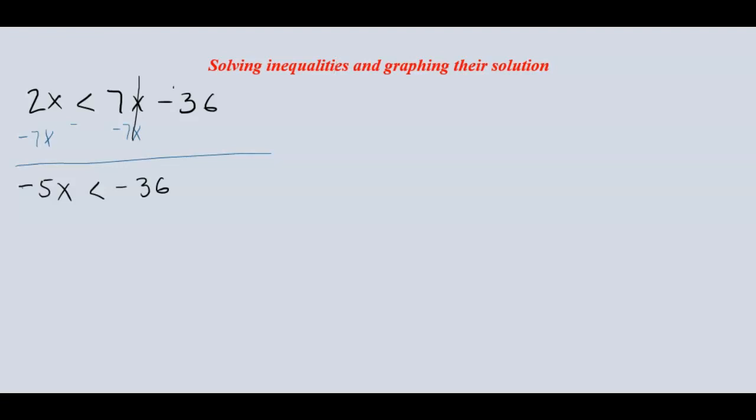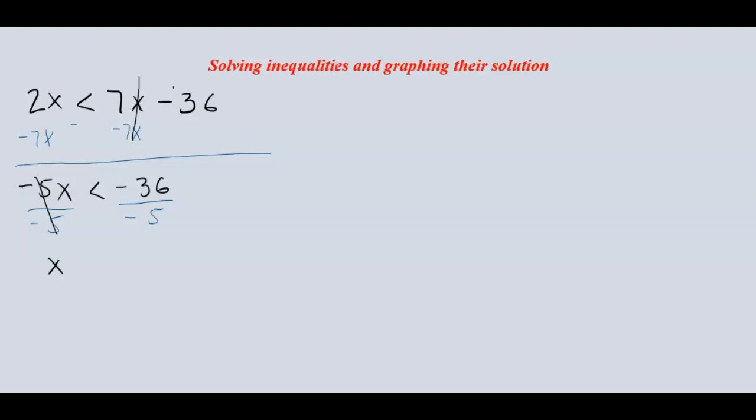Now, what we're gonna do here is divide by negative 5. We're gonna divide this side by negative 5, and also we will divide by negative 5. So negative 5 divided by negative 5 is gone. So we got x by itself.